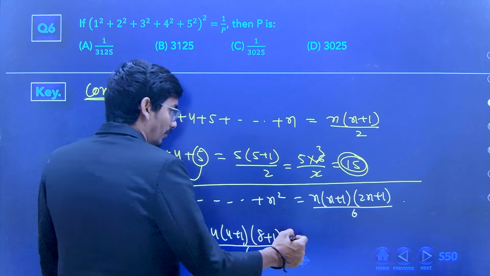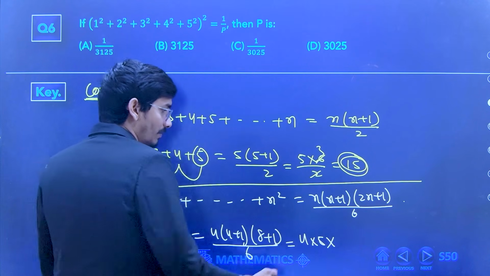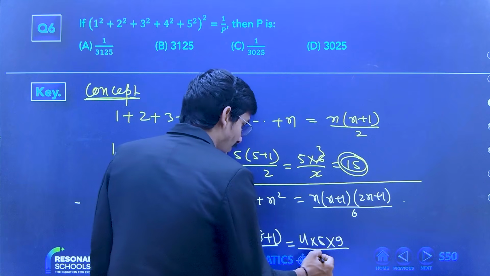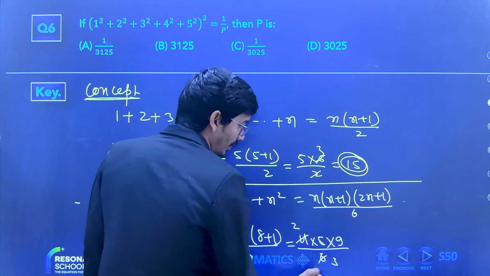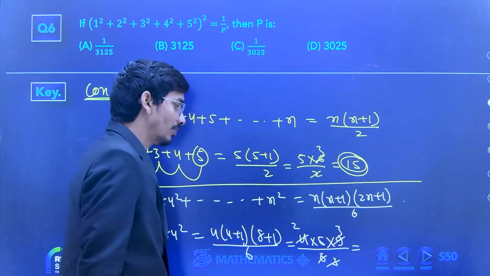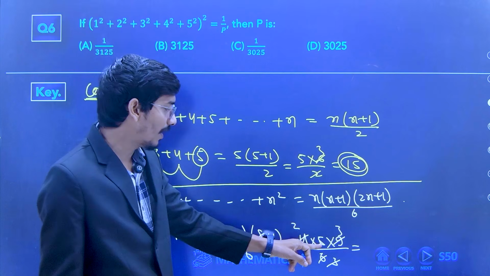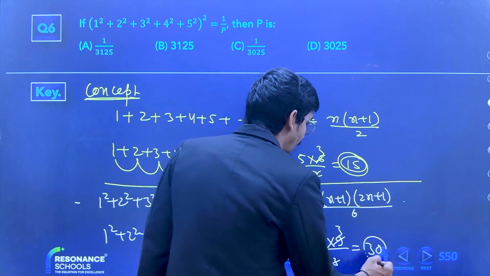Simplify, beta. So 4 into 5 into 9 divided by 6. Cancel 2: 2 twos are 4, 2 threes are 6, and 3 threes are 9. So what are we getting, beta? 2 into 5 is 10, 10 into 3 is 30.